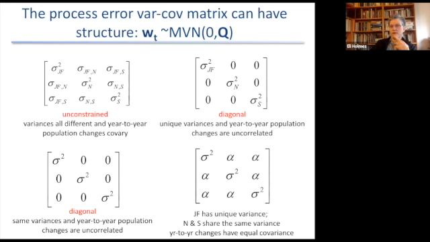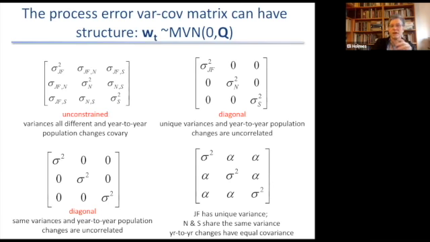I would probably guess that the biologist would say, well, that's not very likely. Here's a different one. This would say that they're still independent, but the variance is different. So maybe Juan de Fuca has a different year-to-year variability. Maybe it's more variable because it's exposed to the outer coast.